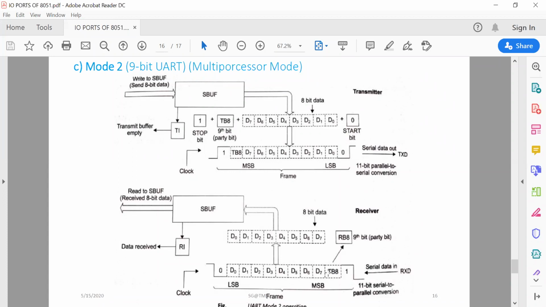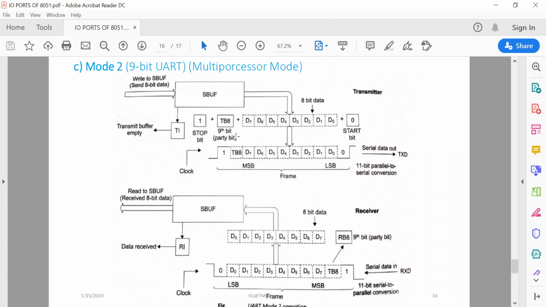That means for transmission, counting 0, 1, 2, 3, 4, 5, 6, 7, 8, 9, this ninth bit goes to the TB8 bit in the SCON register. Then the 11-bit parallel to serial conversion is performed, and one bit at a time is transmitted through the TXD pin. Once the complete frame is transmitted, the TI flag is automatically set by the serial port hardware to indicate the end of data transmission.